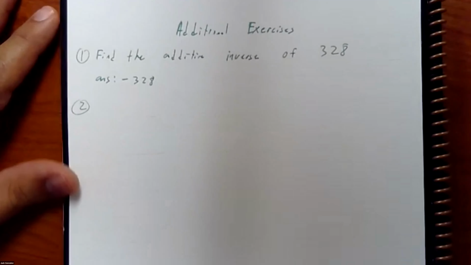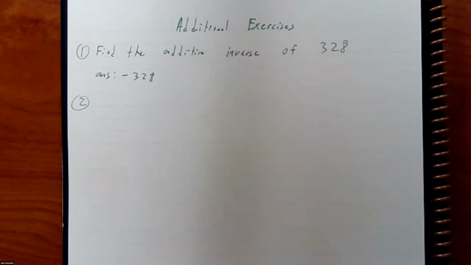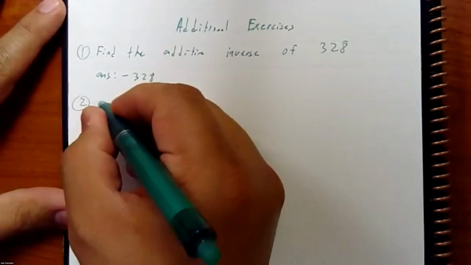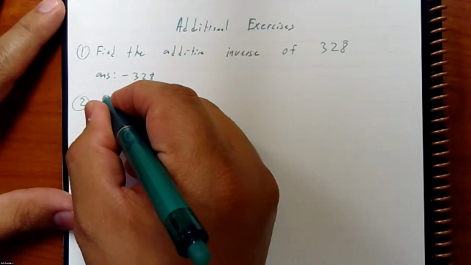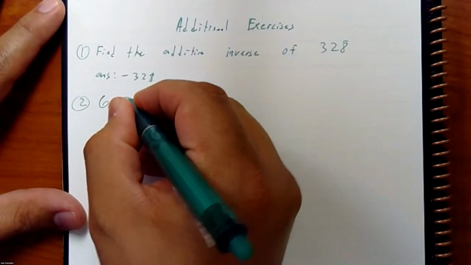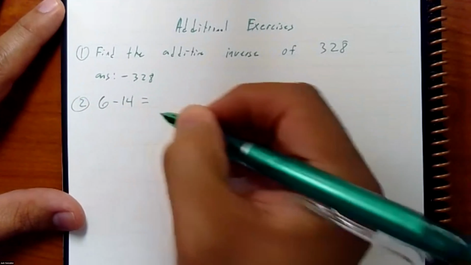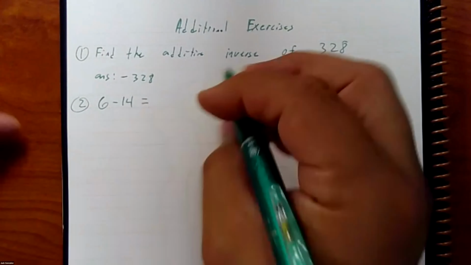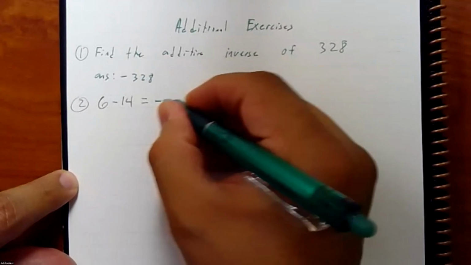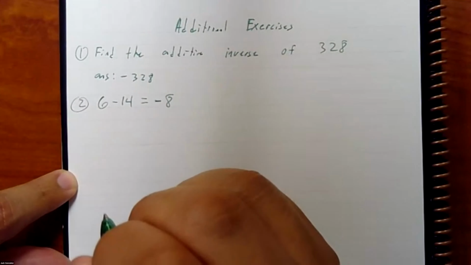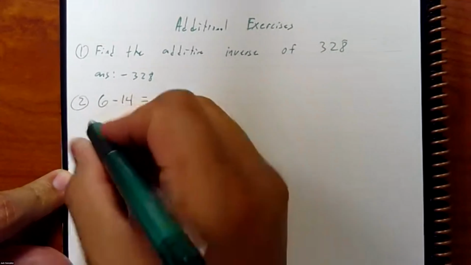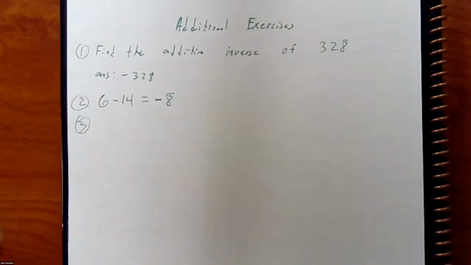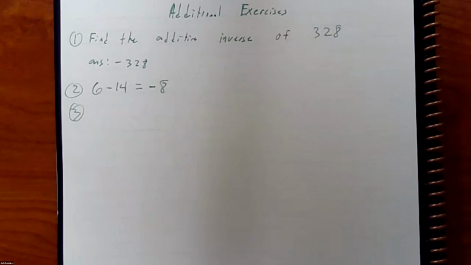Number two, what's the difference? -8. 300 less. Number three.